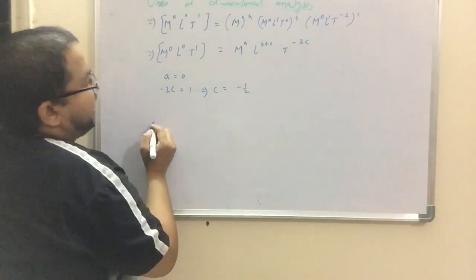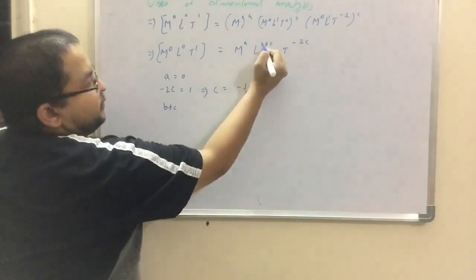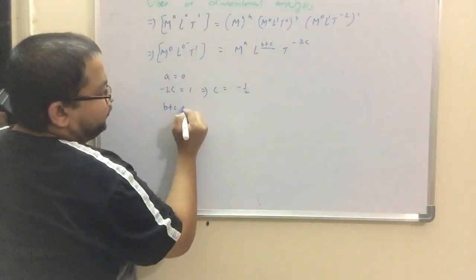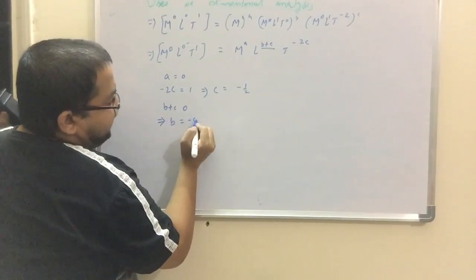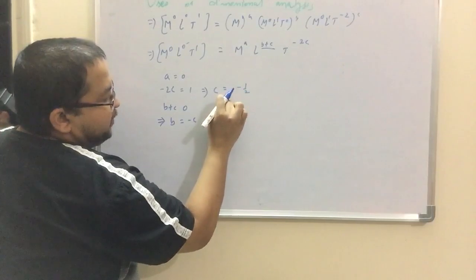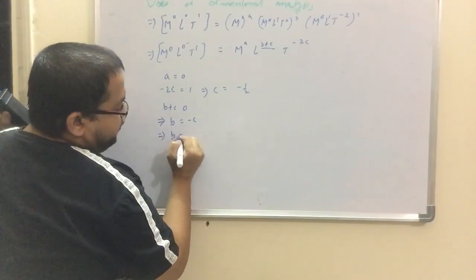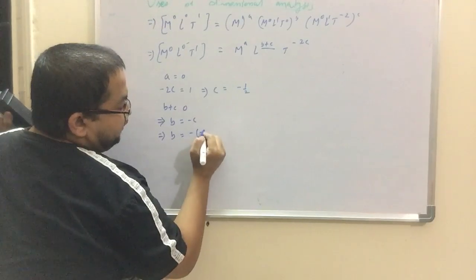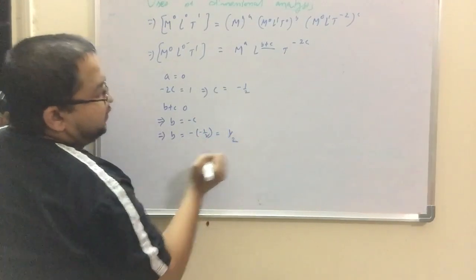Similarly, the third equation would be b plus c equals 0, right? Which implies b equals minus c, and if we put the value of c from this equation here, b will be equal to minus of minus half, or that will be half, right?